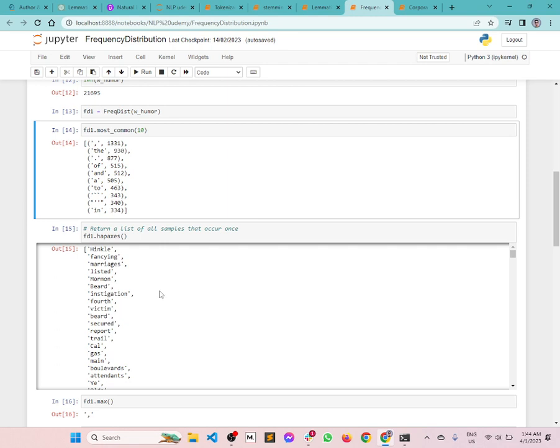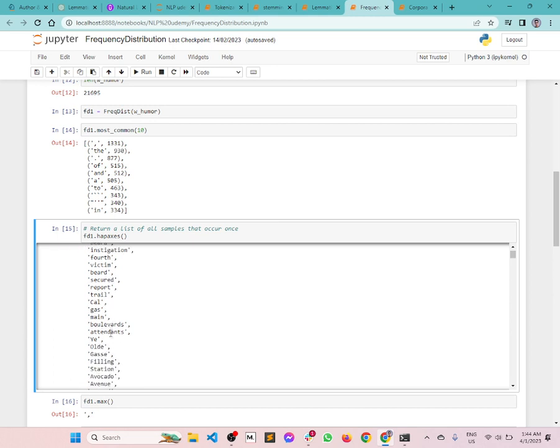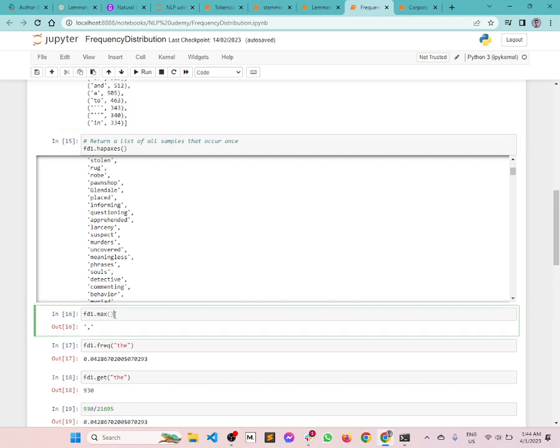If we figure out which words occur just one time in the whole corpus, we call hapaxes, and it gives us words like hanky, fencing, marriages, which are used only one time in this entire corpus. Then if we figure out the max symbol used in this entire corpus, it gives that the comma is the most used.